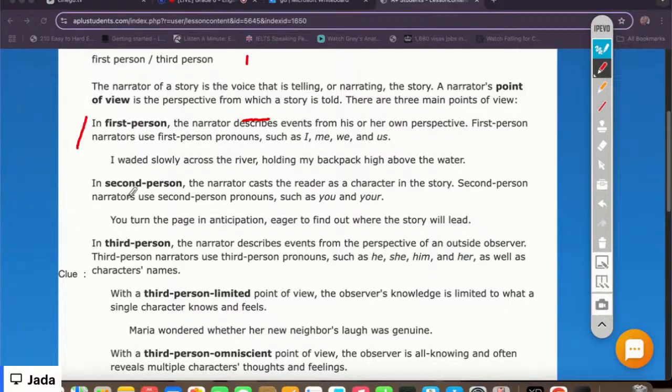So we have the first, which is first person. That's the first point of view. The narrator describes events from his or her own perspective. Now, the first person narrator uses first person pronouns such as I, me, we, us. That is what the first person narrator says or tells, okay?